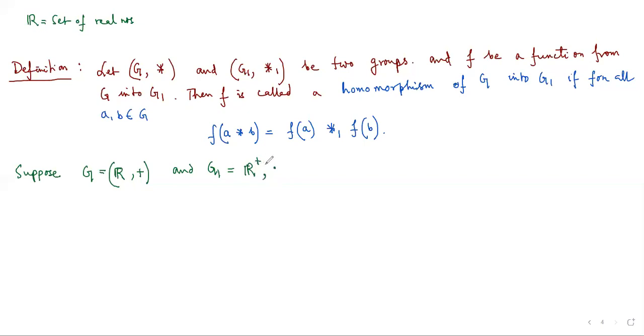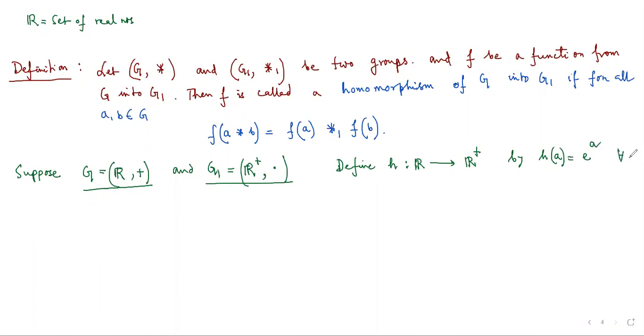Here I'm only considering positive, not non-negative, with respect to the multiplication operation. You can easily show that these two are groups. Now I'm defining a function h from R to R plus by h(a) equal to e to the power a for all a belonging to R.